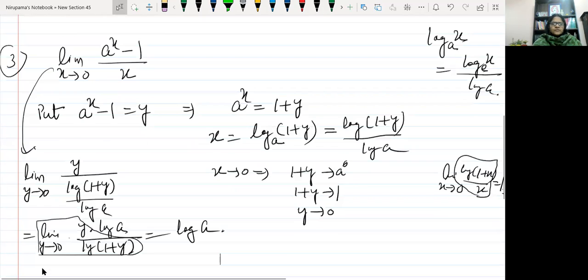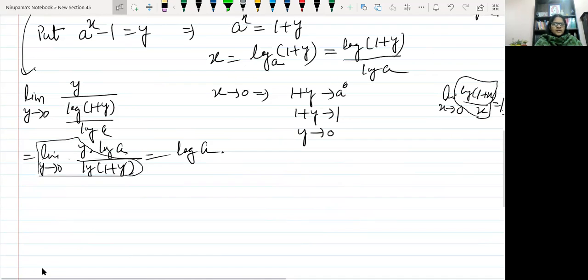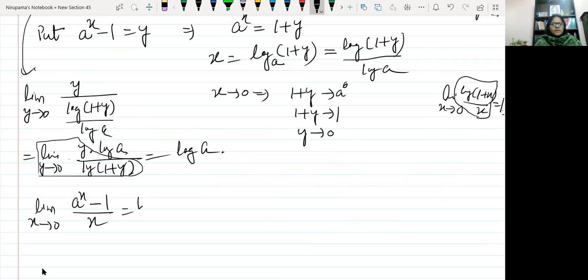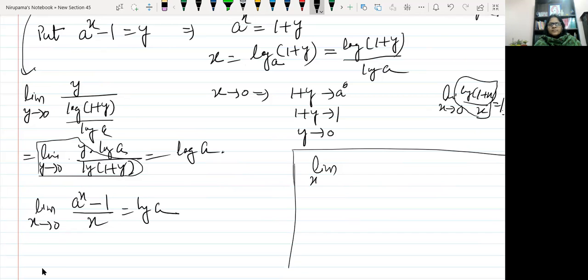So the third standard form we are getting is limit x approaches 0, a to the power x minus 1 by x equal to log a. To summarize, these are standard formulas which you can apply directly to solve questions. Limit x approaches 0, a to the power x minus 1 by x equal to log a, where a greater than 0, a not equal to 1.